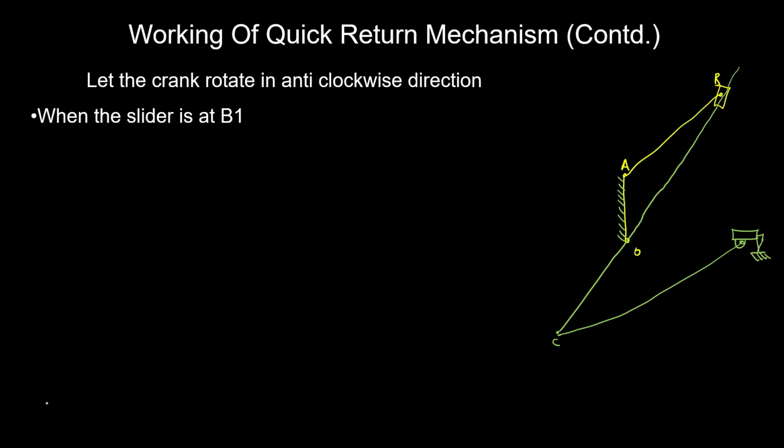Now here, let's say the slider is moving to point B1. Due to that, the point C will move to a new position C1. Both of these will be diametrically opposite.